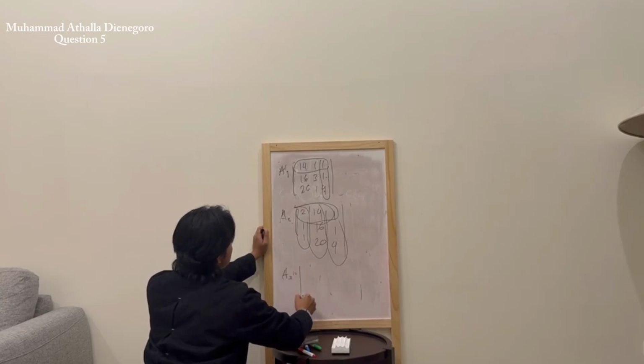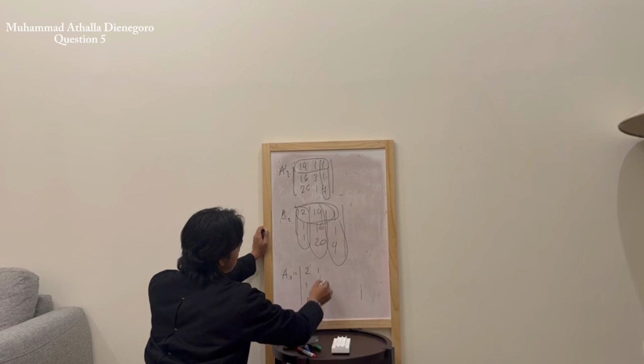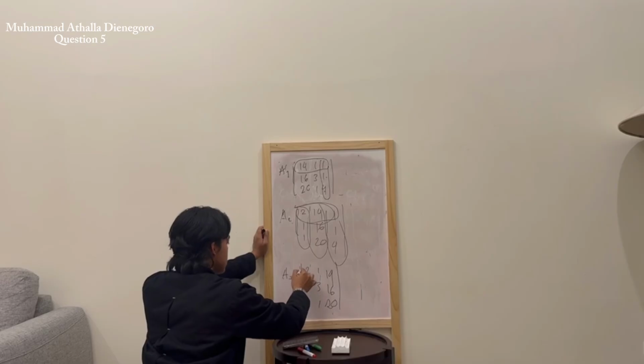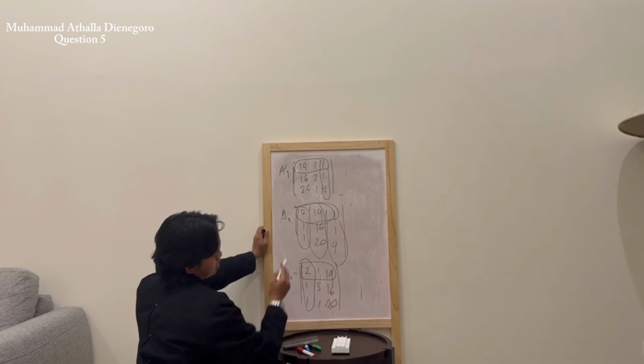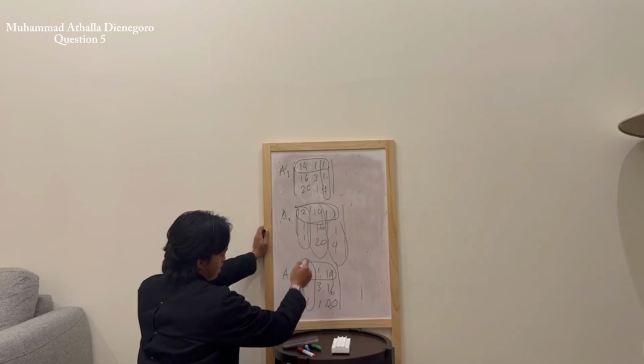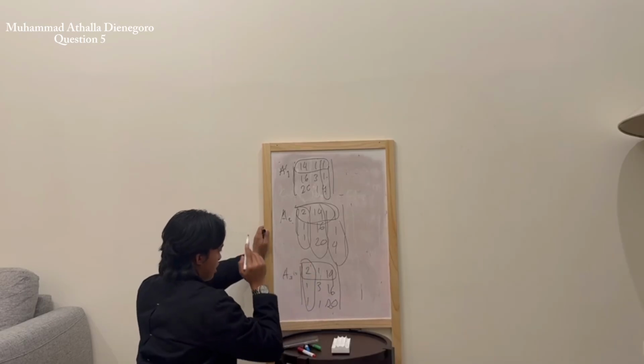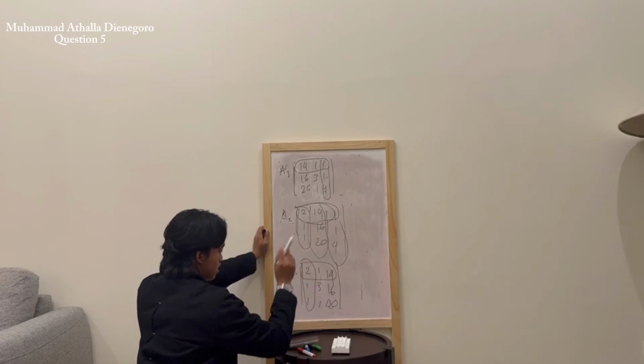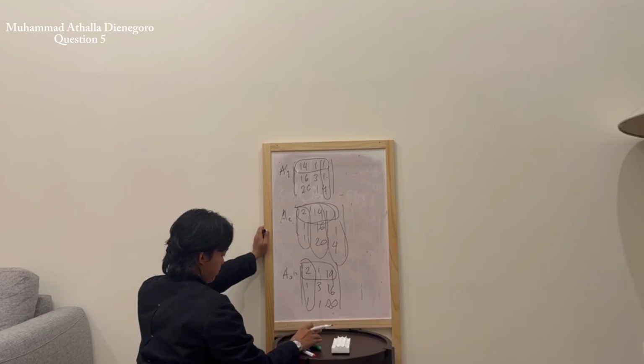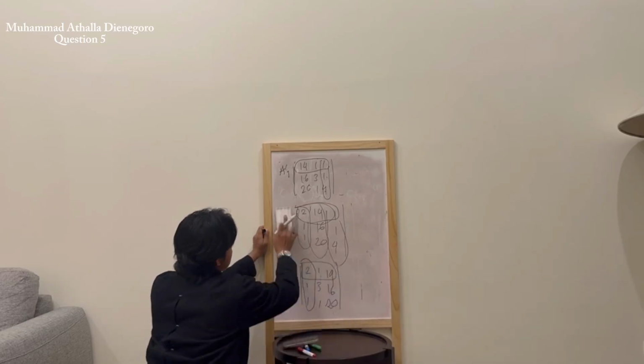The difference is 2, 1, 1, 1, 3, 1, with 14 here, 16, and then 20. So we have to block the first column and the first row, then the second column and the second row, also the third column and the third row. So let's continue.